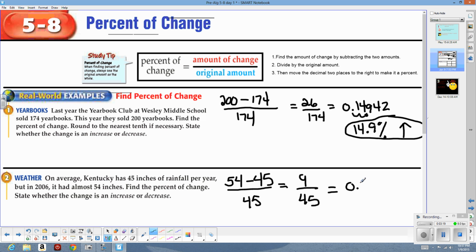One of the most common mistakes students make with these problems is they just get to this far and stop. But remember, we need to write it as a percent. So 2/10 is 20%. And in this case, it was an increase again, because the new amount was more than the average. So 20% increase.